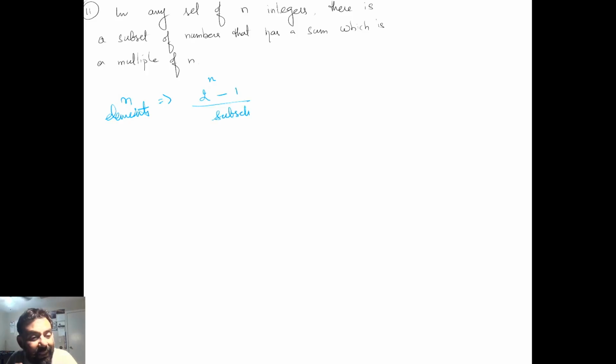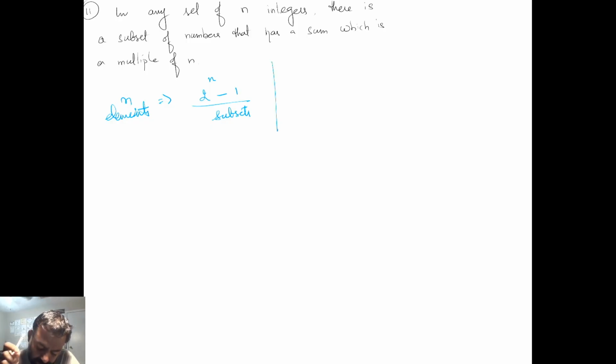Why did I say the minus 1? Clearly the empty set has to be thrown out of the window. If you say empty set and I'm not going to choose any number, it doesn't make any sense.